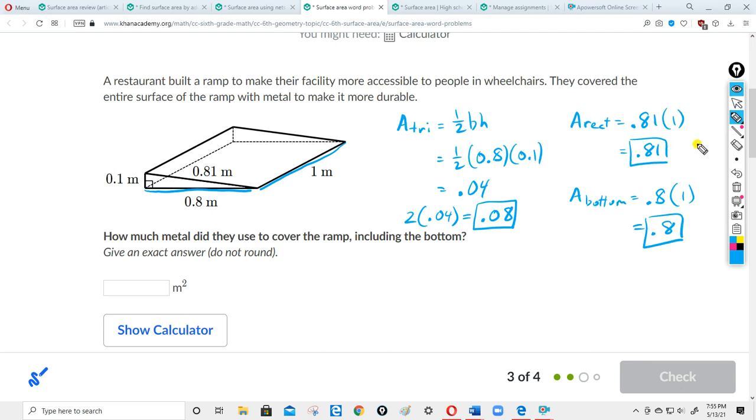Okay, and finally, let's look at the back left. This rectangle back here on the left. From front to back, it's 1, right? And from top to bottom, it's 0.1. So the area of the rectangle on the left, length times width, is 1 times 0.1, and that's just 0.1.